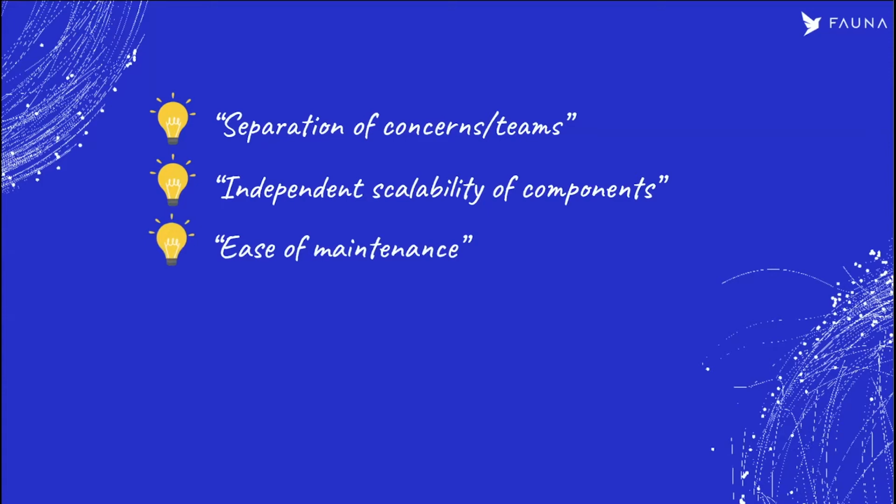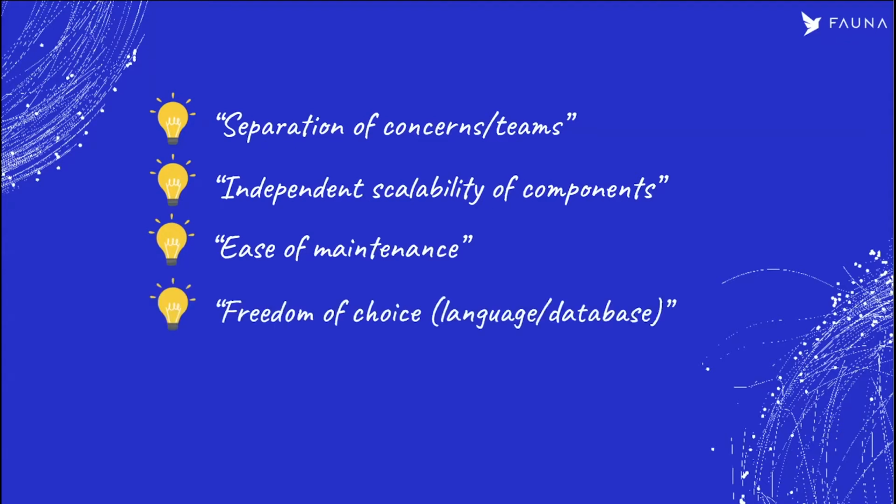Ease of maintenance is often used as well as an advantage, and that is probably because the code remains much smaller per microservice. Freedom of choice. If you use microservices, you are often free to choose your language or your database specifically for the microservice. So specific database features that are very well suited for a specific microservice might help you a lot there.